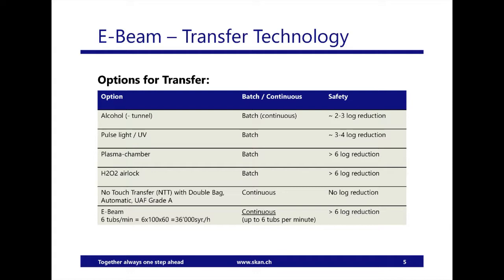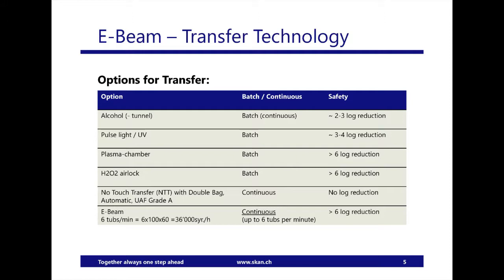Then we have the no-touch transfer. This is with a double bag, so you have two bags around the tub. Both bags are sterilized, and then you don't touch the tub by putting it through the mouse hole into the isolator. They're usually automatically debagged under a laminar flow grade A. That can be a continuous transfer, but it has no log reduction. And then there's the e-beam.